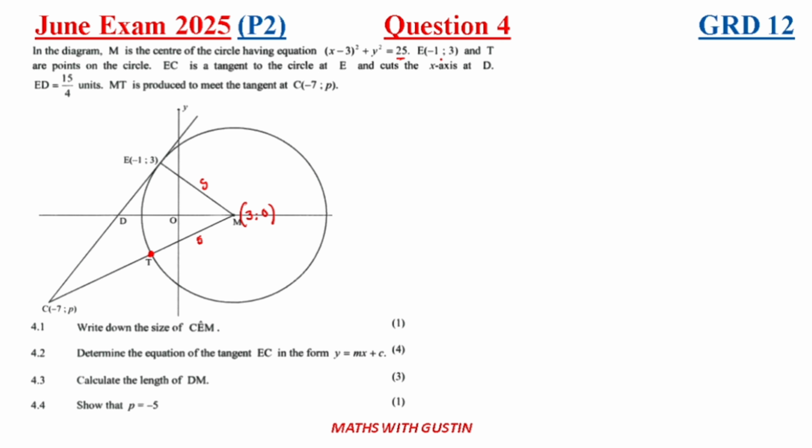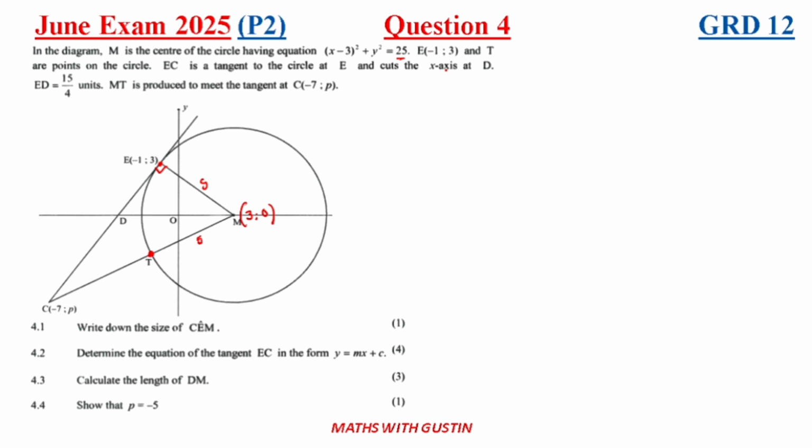Okay, then they said E is given at (-1, 3), and T is a point on the circle. So T, there it is, it's just a point. E, here it is sitting right here, and then they said EC is a tangent, so this line is a tangent, therefore it makes this angle 90 degrees.